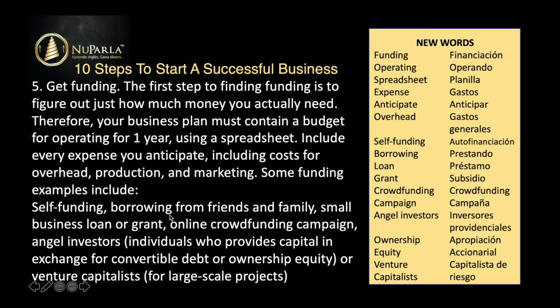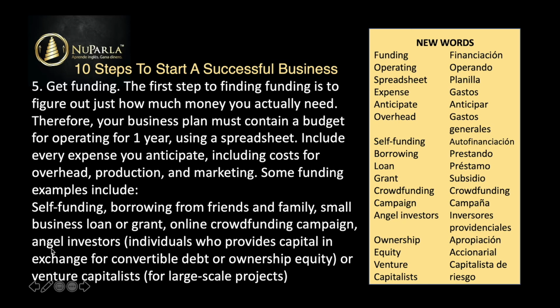Borrow, pedir préstamos de tus amigos y familia. Small business loans or grants, pequeños préstamos de bancos. También subsidios, también pueden existir grants. Está hoy en día el crowdfunding, que son unas campañas en que agarras muchas personas que dan poquito y cuando vas lanzando, entonces les regresas a ellos un cierto porcentaje.